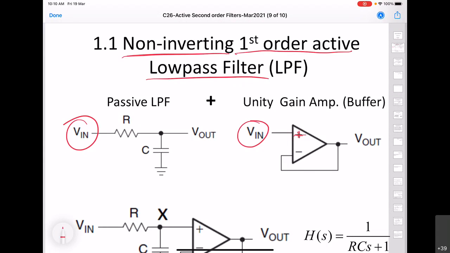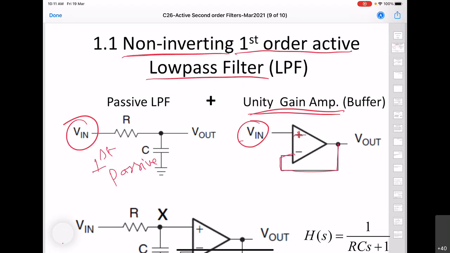So we have already seen that the first order passive low pass filter is given by this circuit, a simple RC circuit. And then what we can do is take a simple unity gain amplifier, that means short circuit the output to the negative terminal, and then simply cascade these two circuits.